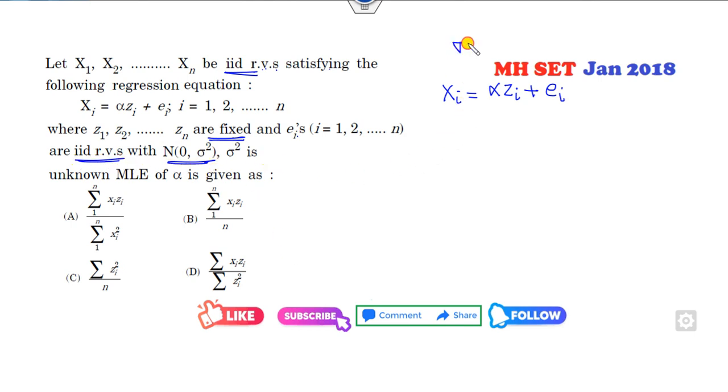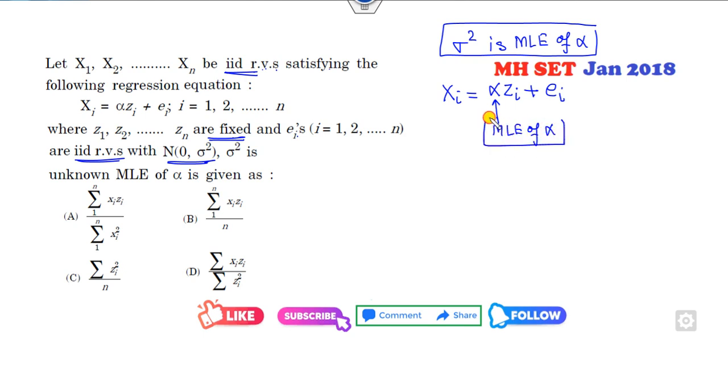Then the MLE of sigma square is given to you, and your target is to find the MLE of alpha. And that's very simple. You can remember that if you have the line y is equal to bx plus c, that is my regression line.